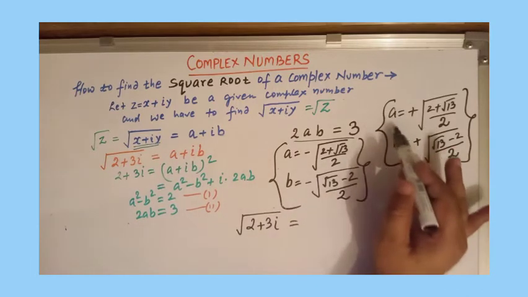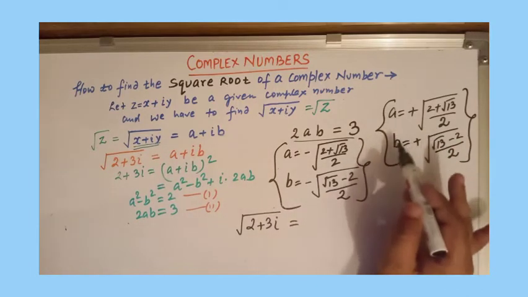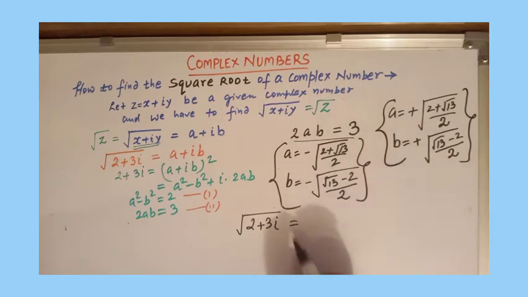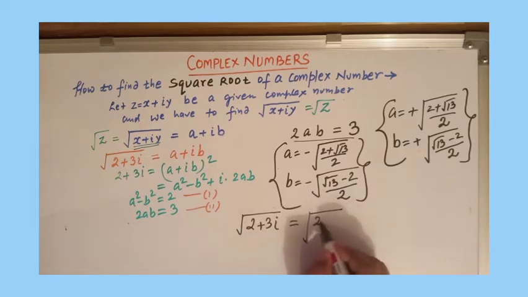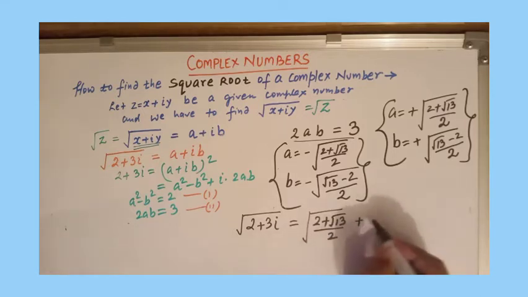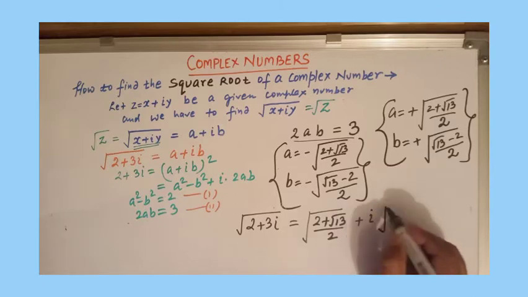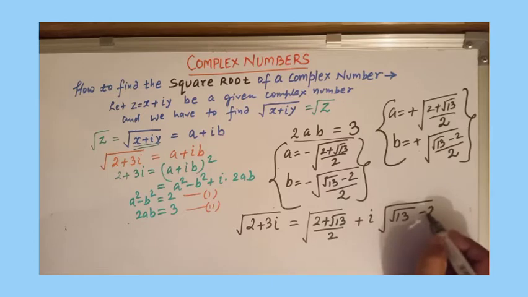So if we take this pair, then we have the square root as square root of (2 plus square root of 13) divided by 2 plus i square root of (square root of 13 minus 2) divided by 2.